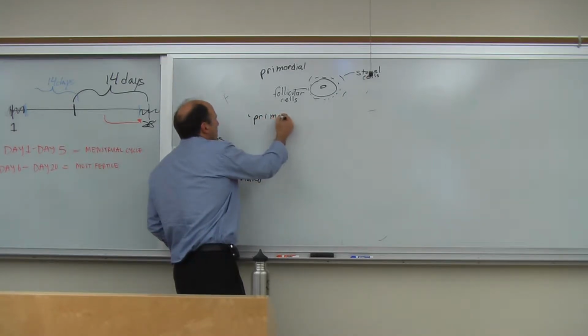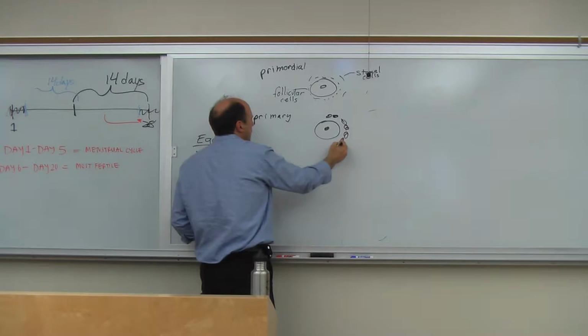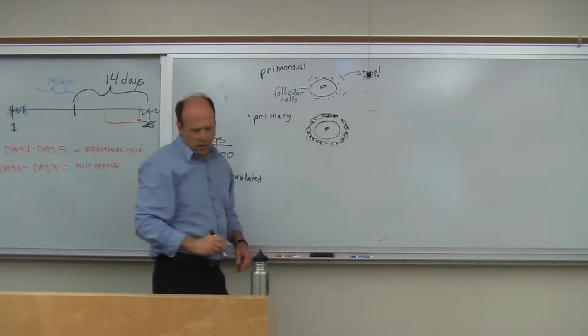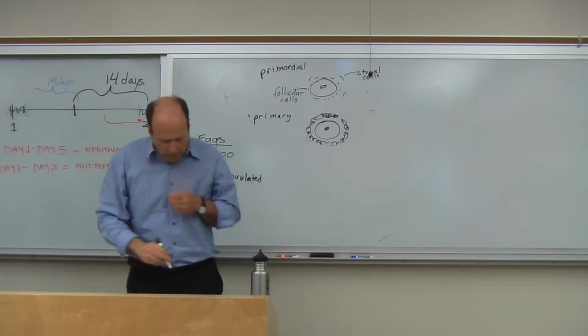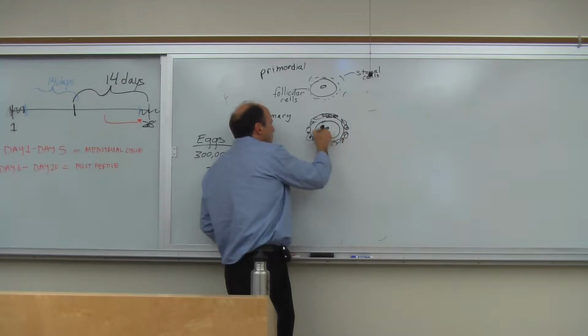Once you get to primary, then you have the oocyte, but you've got more of these follicular cells forming a better barrier around the oocyte. And this is also where this membrane first appears.